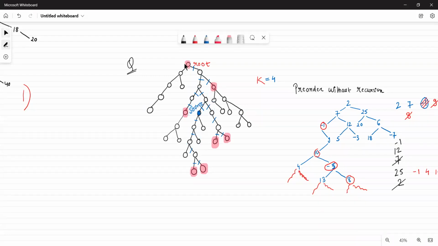Take source node. Okay, let's suppose your source node is the root node. So from the root node, you need to find the distance to all the other nodes in the tree. Are you now able to follow it? Same thing you have to do with the source node. Clear?